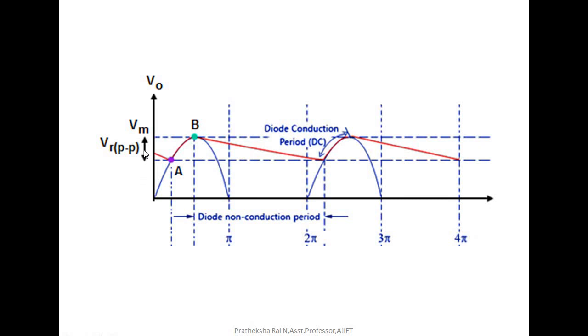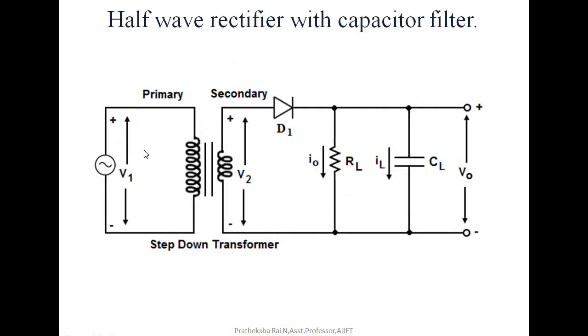So in the case of a half wave rectifier with capacitor filter, what is happening? The filter uses a single capacitor connected in parallel with the load RL. Why are we making use of this? In order to minimize the ripple in the output.